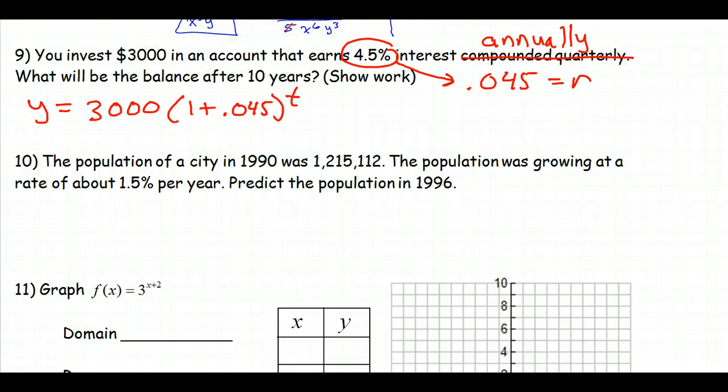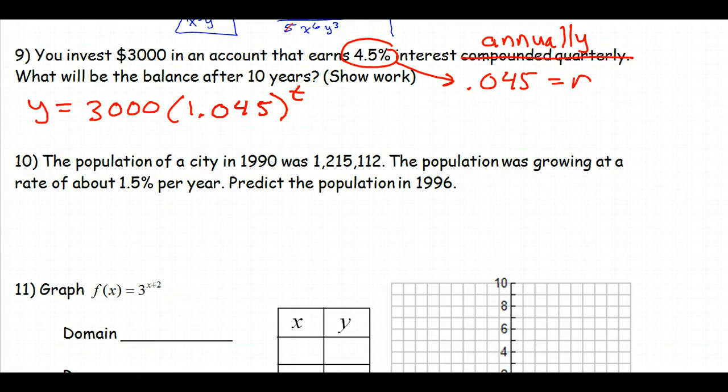We're going to go ahead and put that together and just say 1.045 to the power of time. So this is the model that we're using. Since it's 10 years, then we will just let t be 10. Okay, that will give us the balance in 10 years.